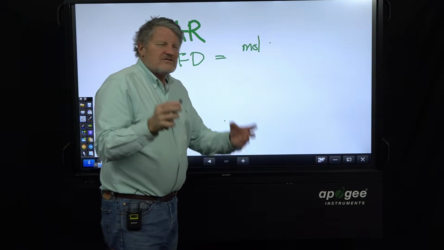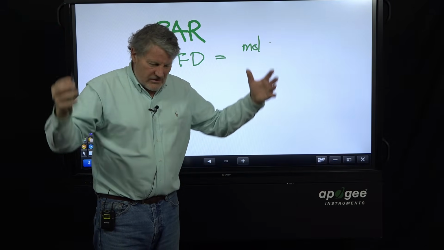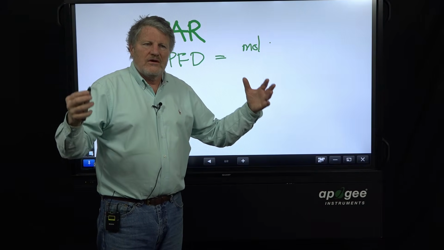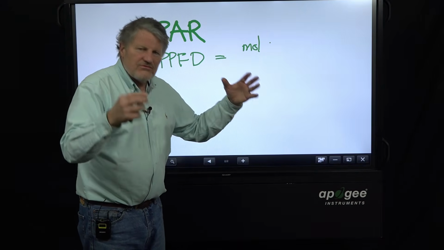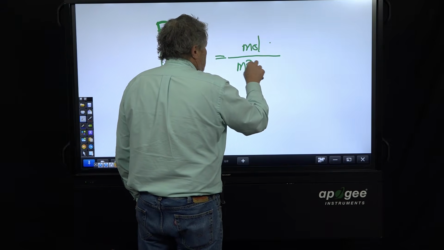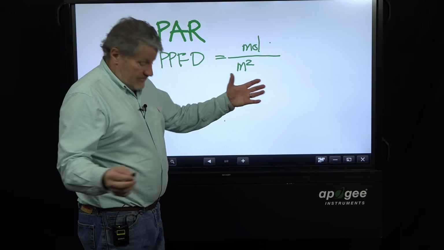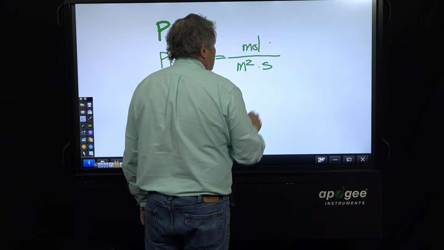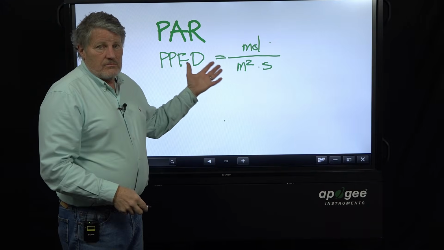You think of photons as like tiny little marbles falling out of the sky to fill a box. They can be colored marbles, but they're all marbles. We're measuring this flux of photons coming into the plant, per meter squared, per unit area of surface area, per unit time. And we always use per second. That's the unit for PPFD.